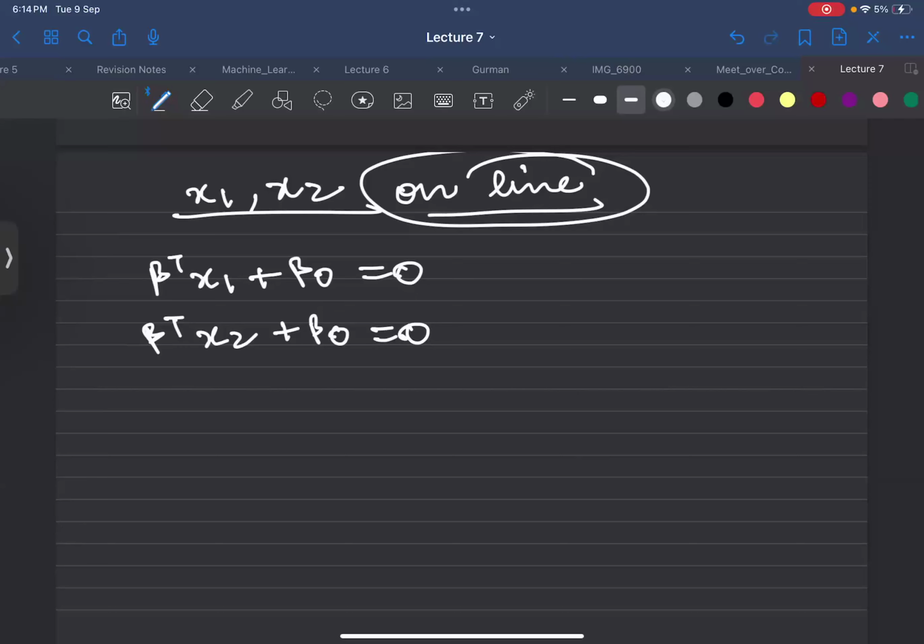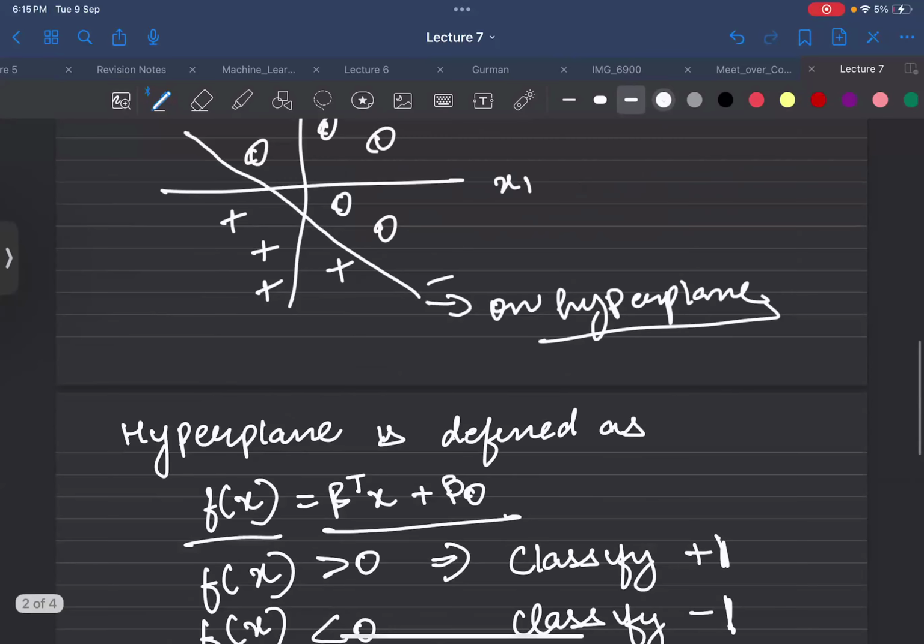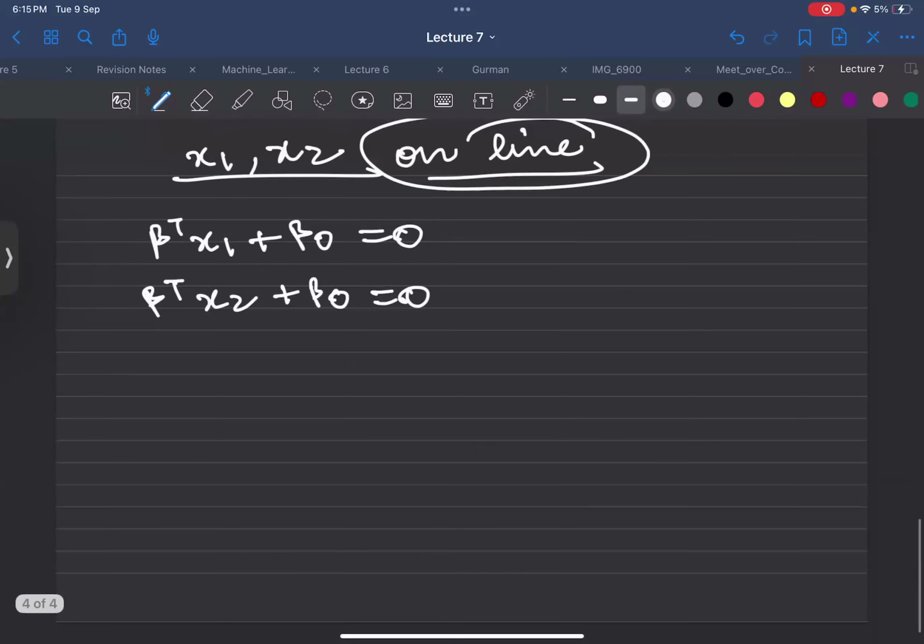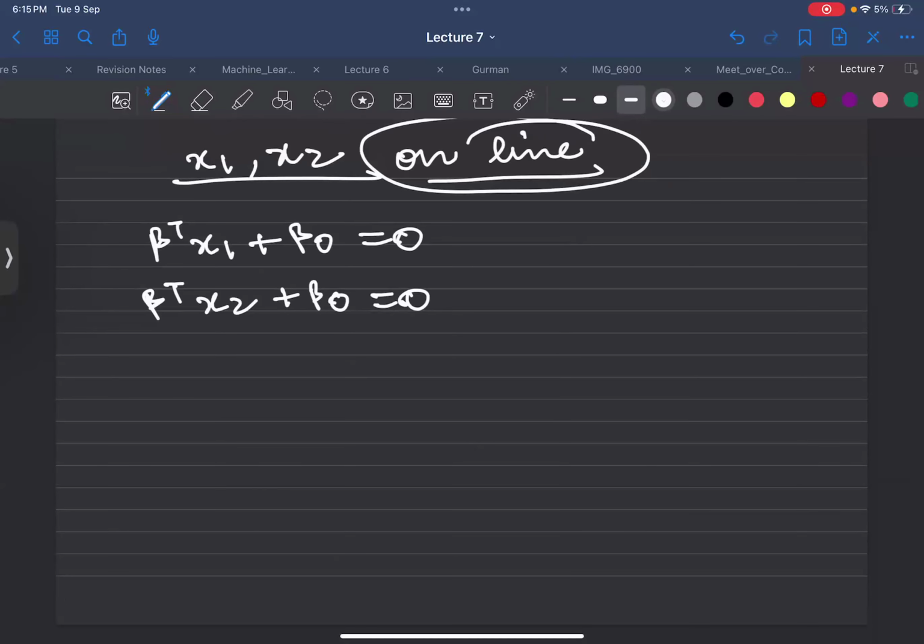Clear? Because if it's above, then it's greater than 0. If it's below, then it's less than 0. And if it is equal to 0, we are saying it's on the line. That is what we do, na? mx plus c equal to 0 means this is a line equation. This is equal to 0. Now, let's subtract both of them.